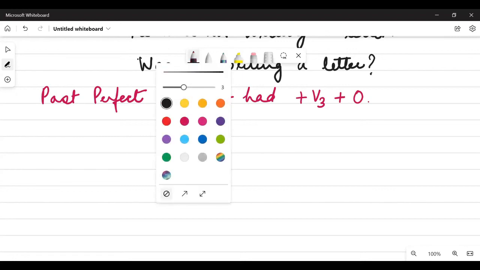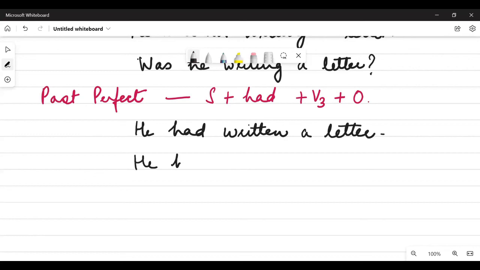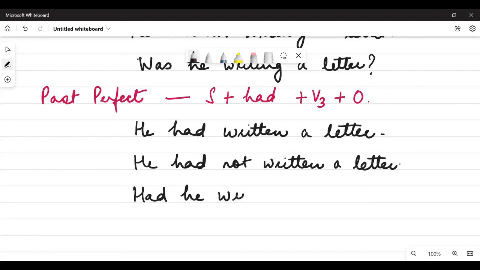So if the same sentence has to be changed into past perfect, it will be, he had written a letter. If the negative is to be made, he had not written a letter. And the question will be, had he written a letter?